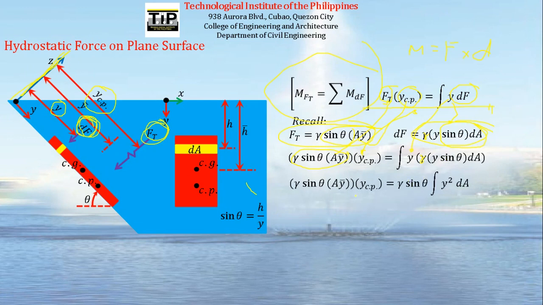Now arranging the equation on this side, so we will have gamma sine theta, so nilabas lang yung sine theta, and then yung y is kinombine, so naging y squared. Okay, so this will be the resulting equation. So cancel na yung gamma sine theta because they are common to these two equations.